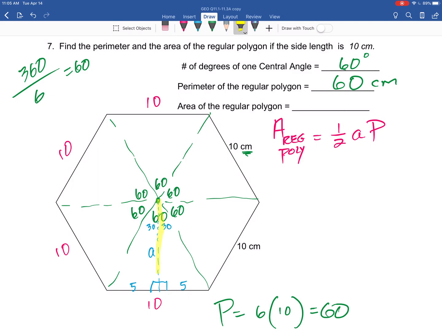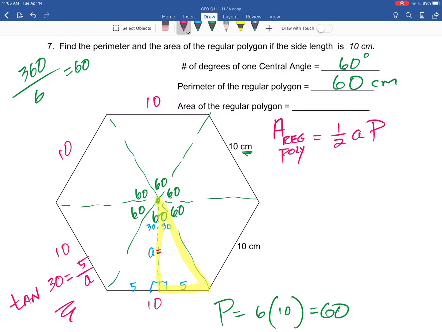Here's the little triangle I'm looking at right now, that yellow triangle. If you want to do trig, that's fine. You could set it up tangent of 30 degrees equals opposite 5 over the adjacent apothem A. You could do that.